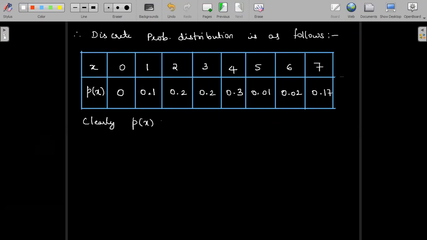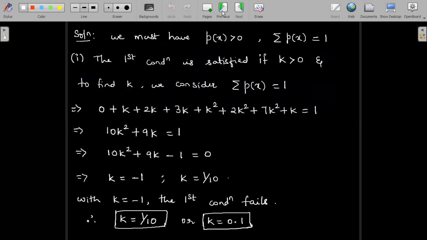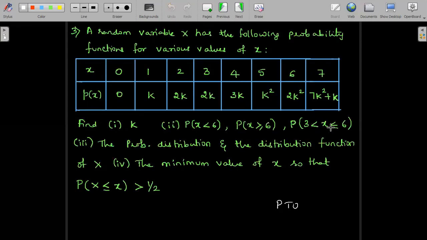It can be 0 as according to the data given, and the sum of all P of x values is equal to 1 automatically. This was the first part of the problem. Now let us find out the second part. After finding k, we have completed the probability distribution table.